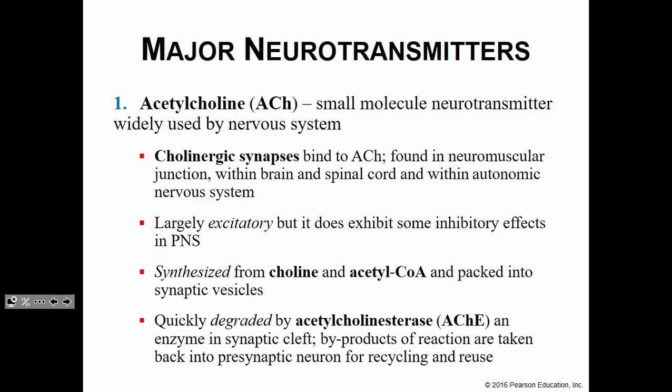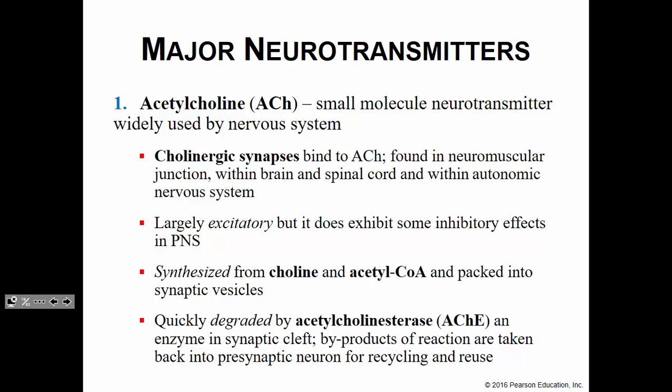They're mainly excitatory, but it can have some inhibitory effects, and it's quickly degraded by acetylcholinesterase, that enzyme in the synaptic cleft. And then the byproducts of that degrading process are recycled back into the presynaptic neuron to be used again.